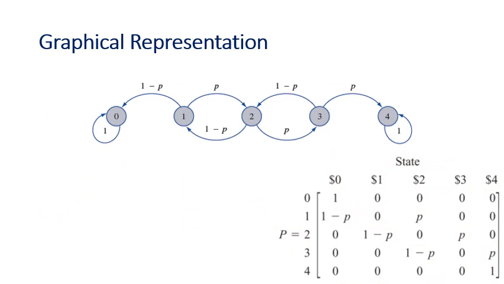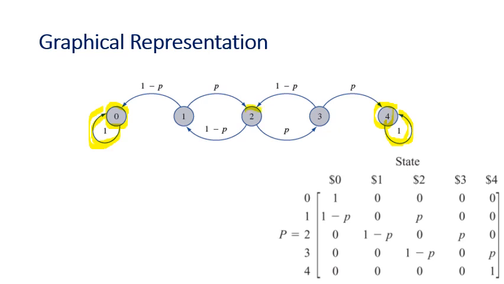We may also use a graph to represent the probability matrix that we just defined in the previous slide. Here, if you already have nothing left in your hand, then at the next time step you still have nothing left, so the arrow goes from 0 back to 0. Same thing if you already win $4: the arrow goes from $4 to $4 again, because you cannot play the game anymore.